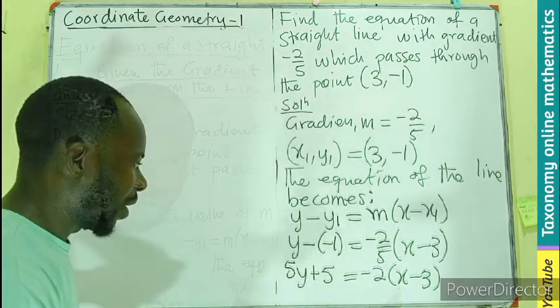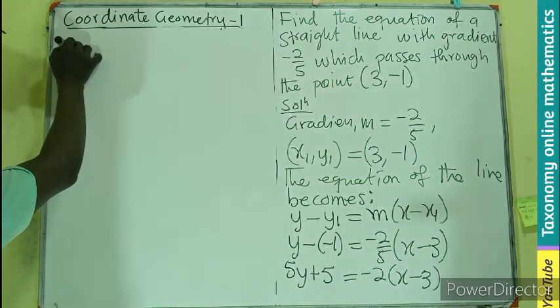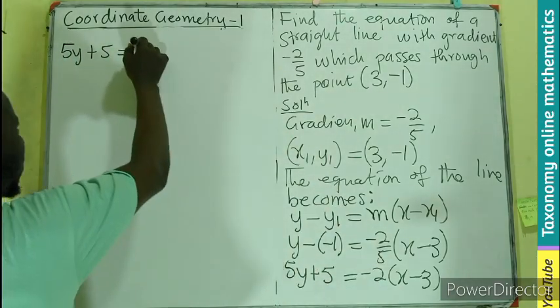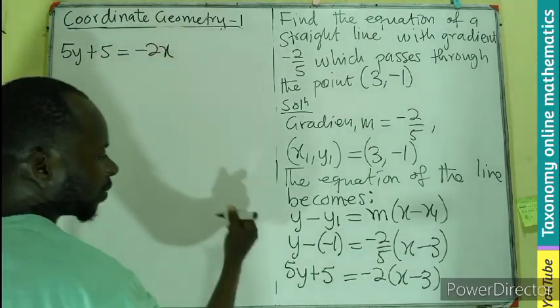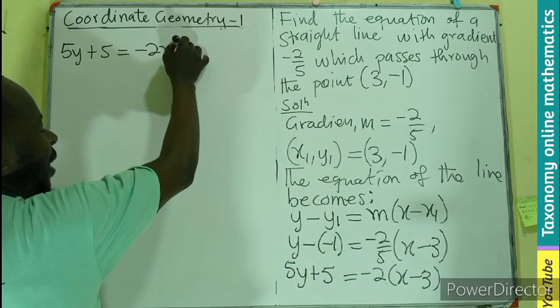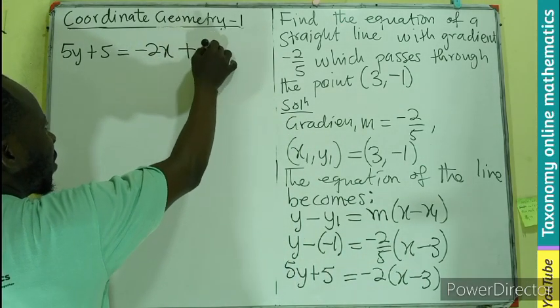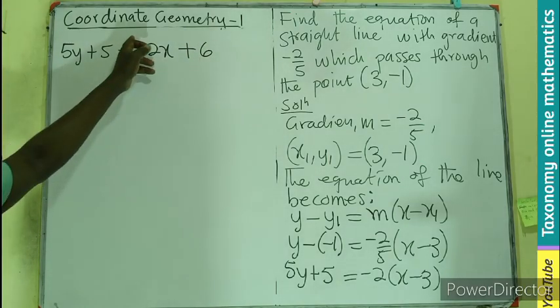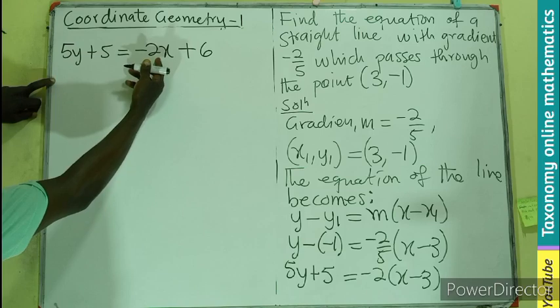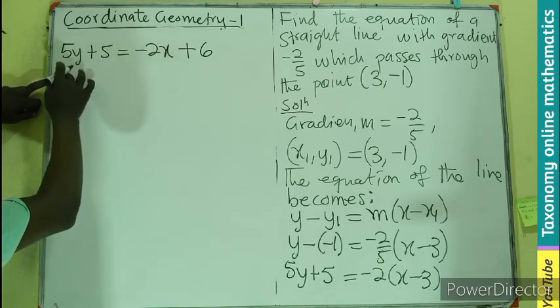So to simplify, we maintain our 5y plus 5 equals minus 2x, minus 2 times negative 3 will give us positive 6. So let's transpose all this to the left, meaning this will become negative, this will become positive.